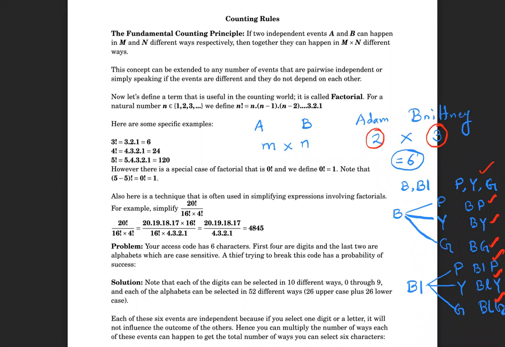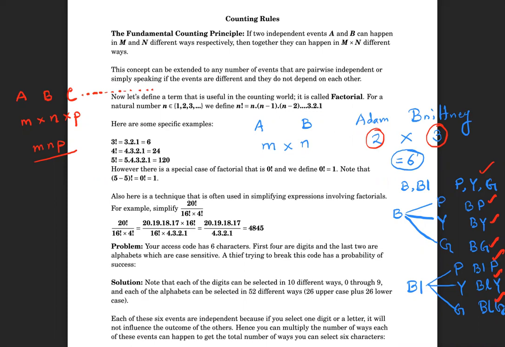Now, let's say you have 3 different events, A, B, and C. This can happen in M different ways. This can happen in N different ways. This can happen in P different ways. Together, then they can happen in M times N times P different ways. And who said that it has to be 3, you could arbitrarily extend it to any fixed number, okay?